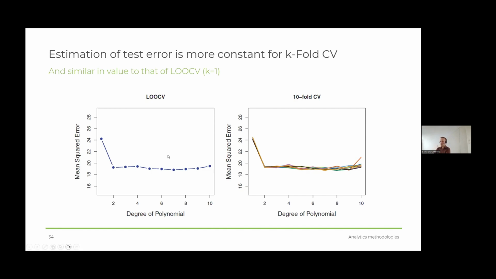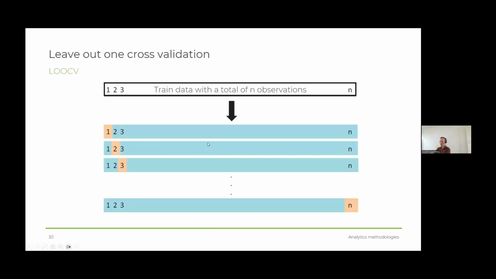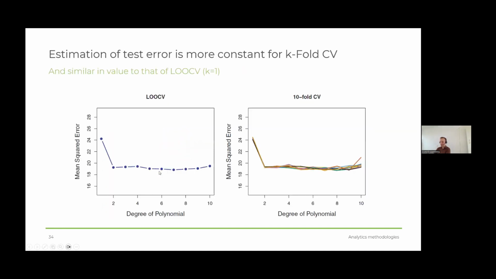And with leave-one-out cross validation, this is basically the average of each of these points, each of these replications. Important here, and that might not be so intuitive, is that this point here is basically the average of 100 replications.